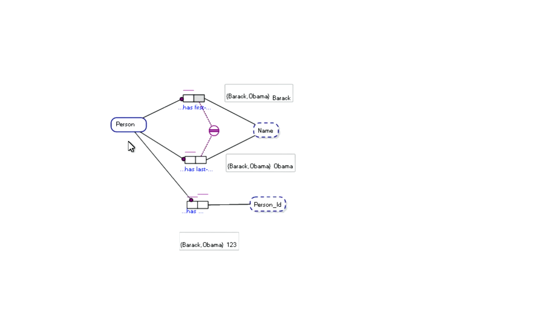And we can see that person Barack Obama has person ID 123. So the uniquely identifying information for person is the combination of first name and last name, Barack Obama, and the relevant facts have the unique identifier Barack Obama as the unique identifier for that person, Barack and Obama, with person ID 123.